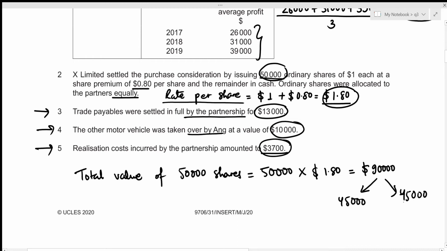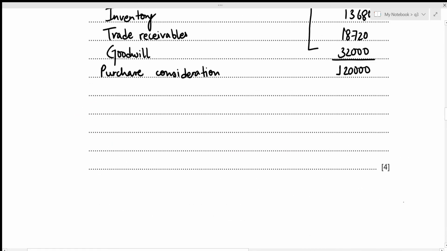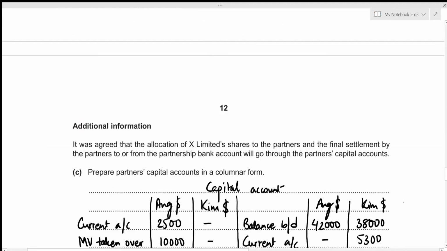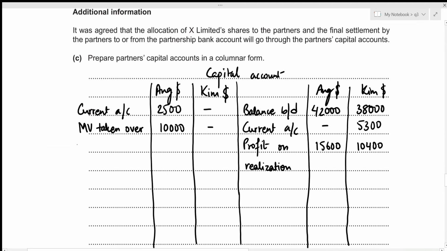So this actually acts as our balancing figure, which needs to be recorded on the credit side of the capital account for Ang as well as Kim. Let's do that. So this is of ordinary shares, which is being given by X Limited. And both the partners are getting the value of 45,000.